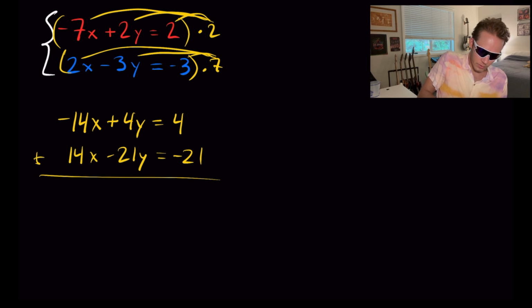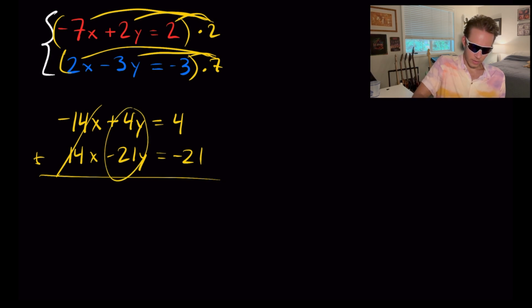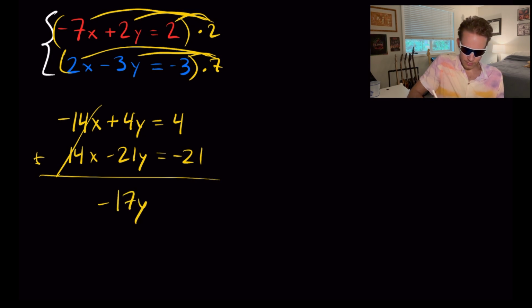So now we can do the addition, and you can see that the x variable is going to get eliminated because negative 14x plus 14x is just 0. And then we can look at the y terms here. Positive 4y minus 21y, that's going to be negative 17y is equal to 4 plus negative 21, which is negative 17 as well.